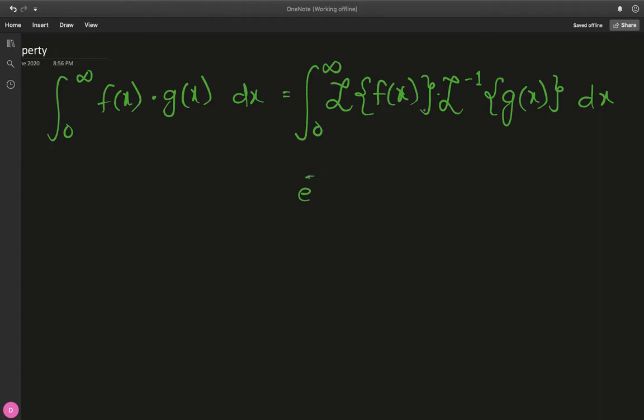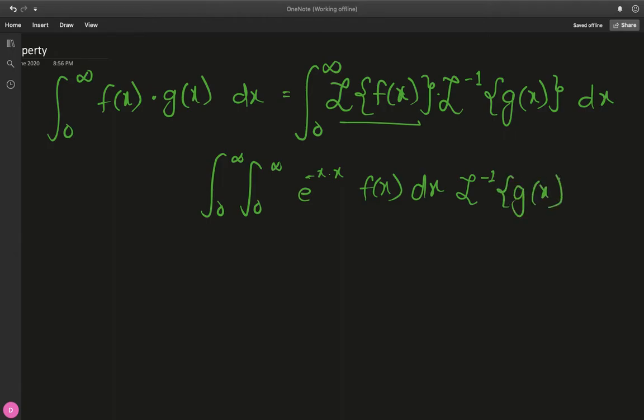The input domain is x over here, and the output domain again is x, and f of x dx, and this is the inner integral, and we have this outer integral where we have the inverse Laplace transform of g of x, when we expand, say, the left hand side, the right hand side, dx.